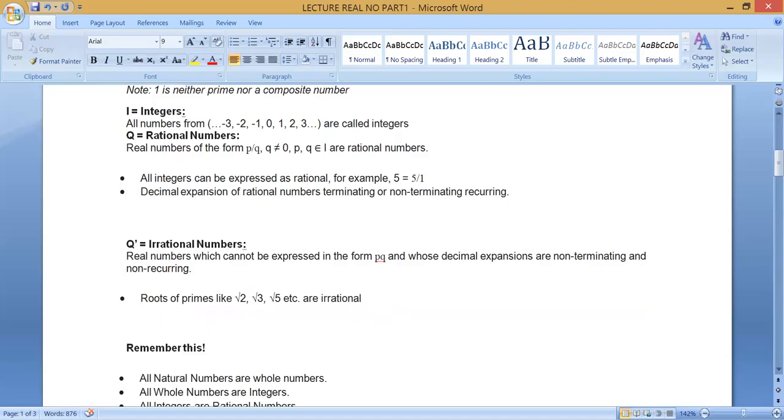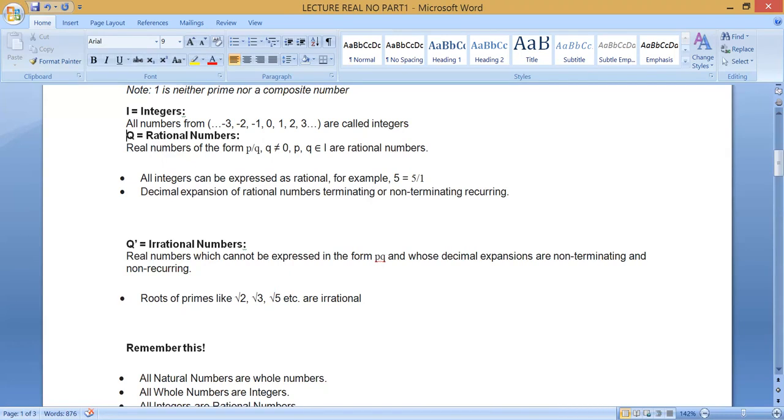So the decimal expansion of 10 upon 3 is 3.3 bar, which is non-terminating recurring. Recurring means repeating, and non-terminating means the remainder is not 0.